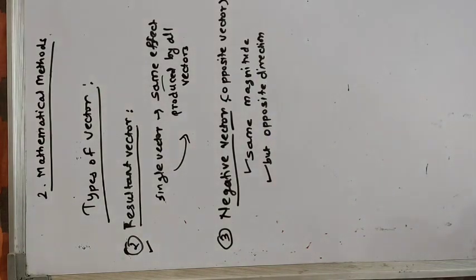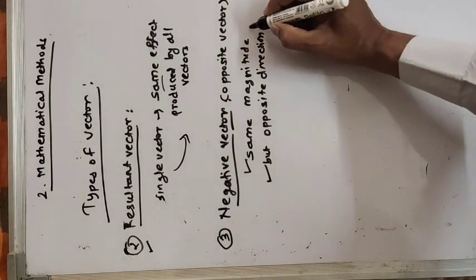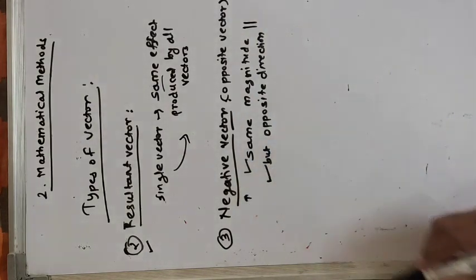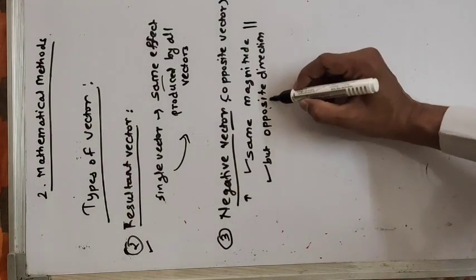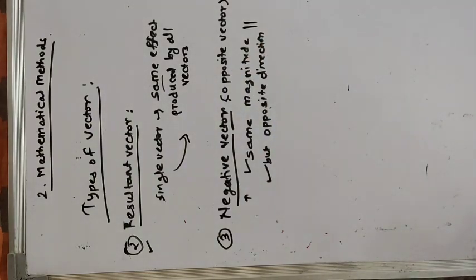Opposite direction to that of the given vector is called the negative vector. As this direction is opposite, it is called the opposite vector.